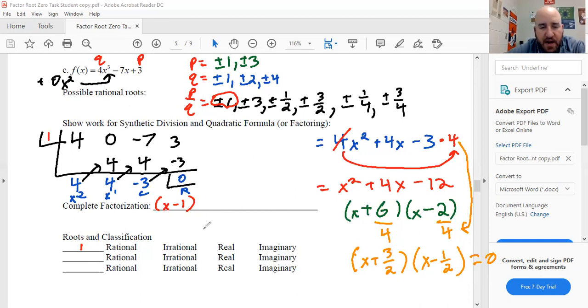Even if you're multiplying 8 factors, if you forget the stuff in the middle, you can say, x times x times x should give me the first term of my polynomial.